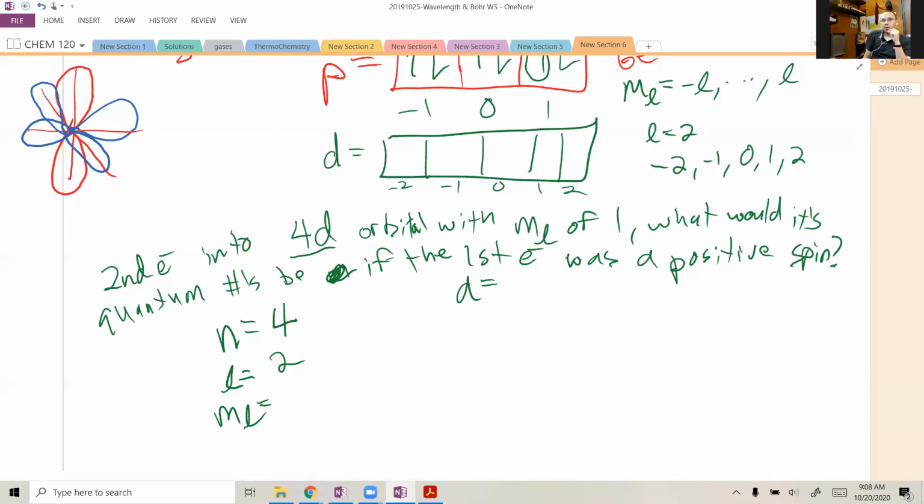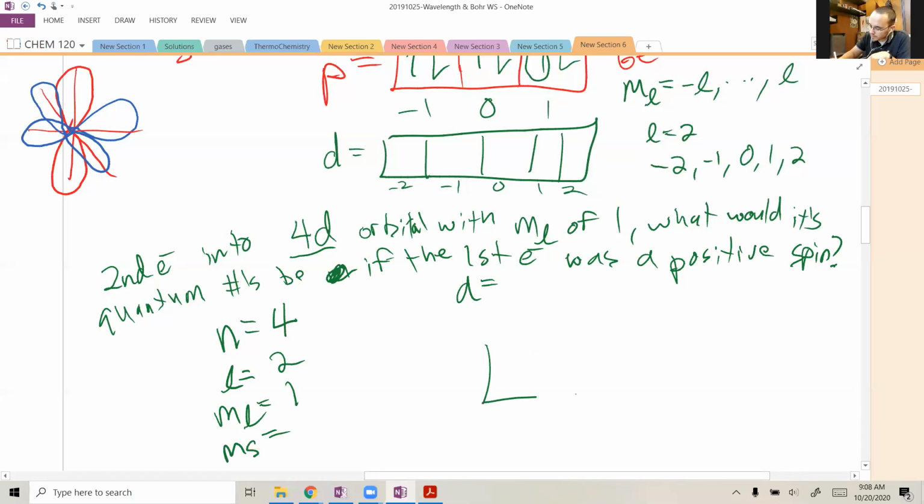So where does it specifically say we're putting it? 1, sorry. It says we're putting it into the M sub L that has a 1. And our last one is our spin: if it's positive, is it plus half? Right, if it was positive, it would be plus half.